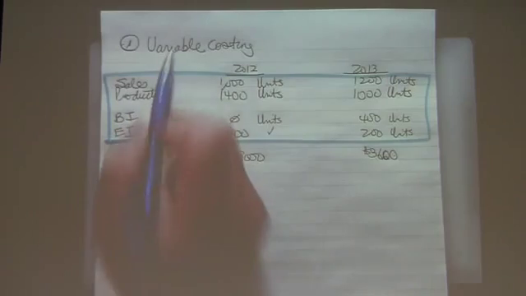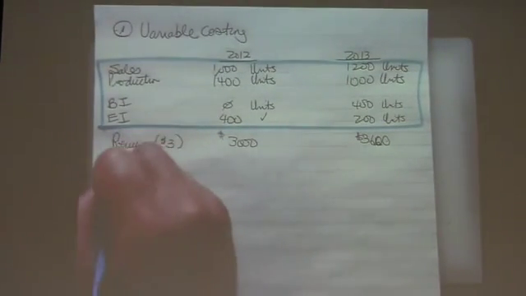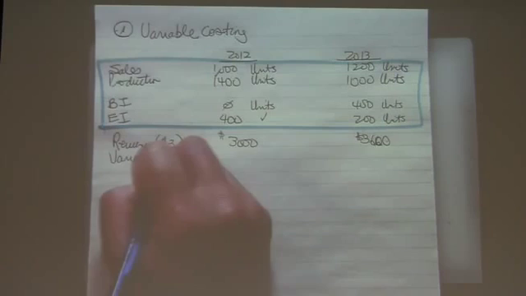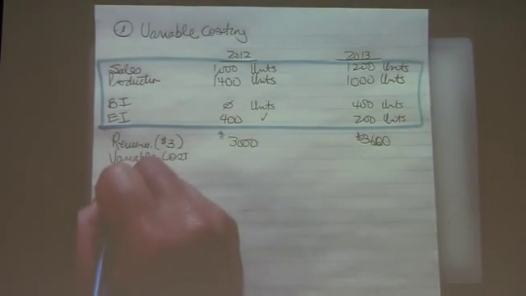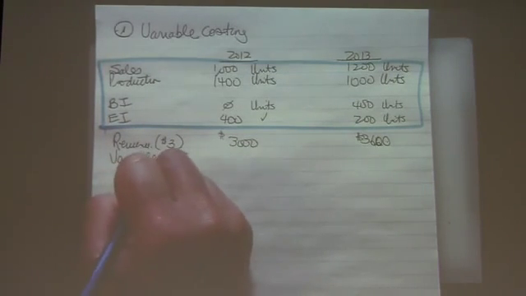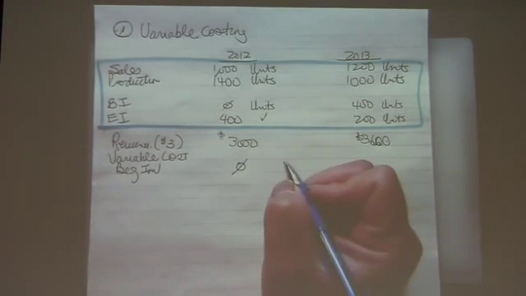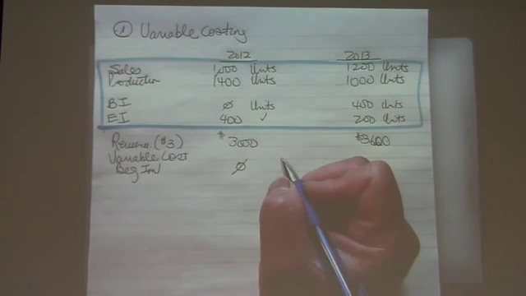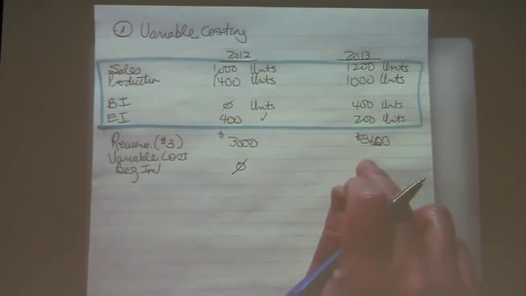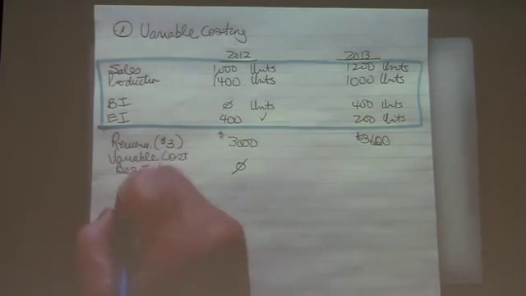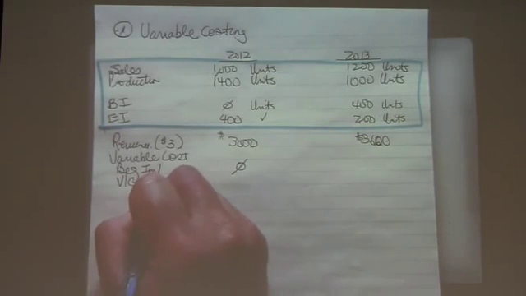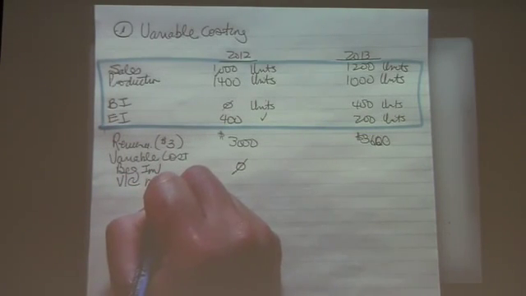Because we're doing variable costing, let's calculate all variable cost. Starting with beginning inventory, we know that's 0. I'm not going to put the beginning yet because I need to calculate the ending for 2013. Now, what about variable cost of goods manufactured?